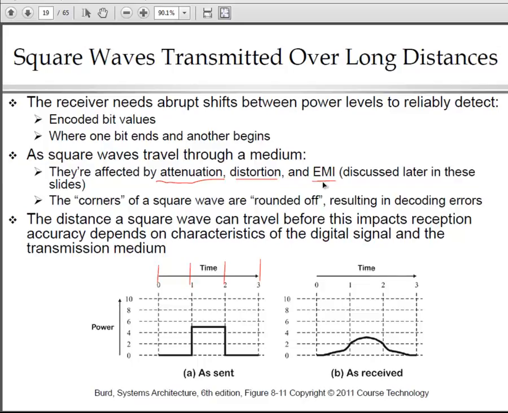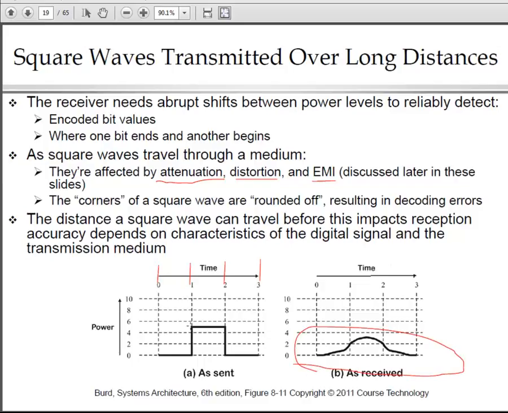All of these can cause an interference that changes the signal. What happens as this signal traverses down the line is that these three things combine to take that nice, very square shape and turn it into something that's not quite so square, as we show here on the right.